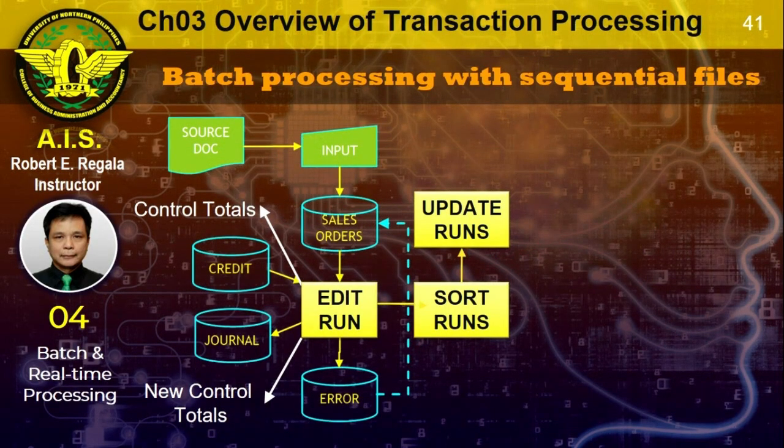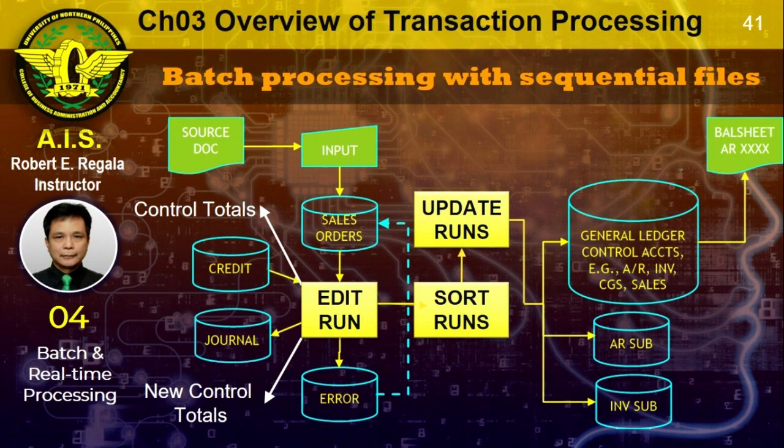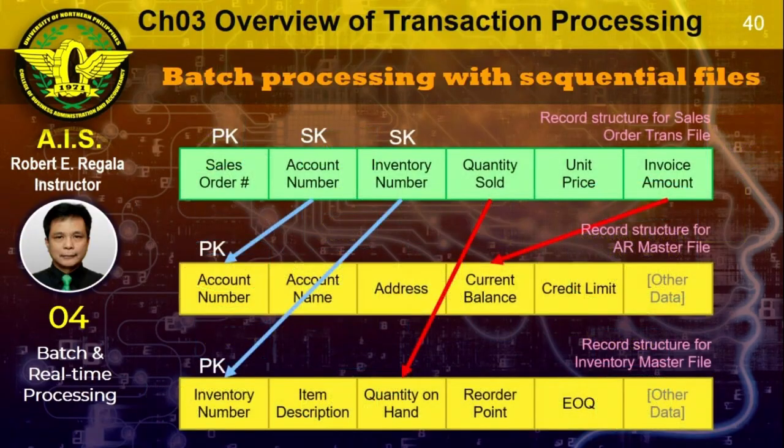The update run. Updating a master file record involves changing the value of one or more of its variable fields to reflect the effects of a financial transaction. The system in our example performs two separate update procedures.